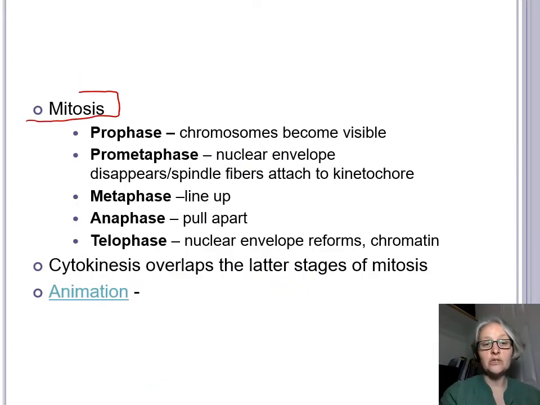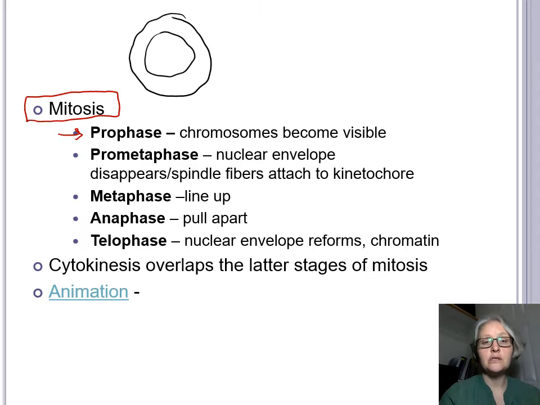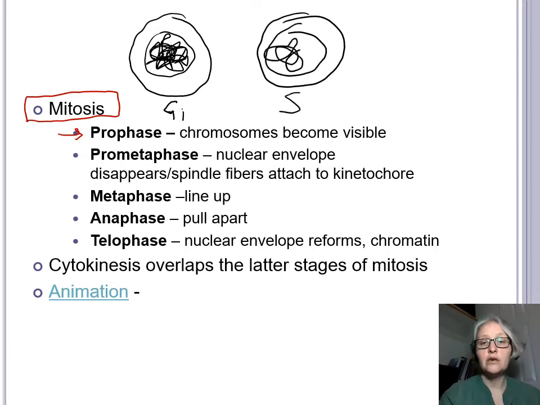In mitosis, when this nucleus is dividing, the first thing that happens in prophase is the chromosomes become visible. What's happened is during interphase, as you look at the cell, the DNA is all in chromatin form. So this is what the cell looks like in G1. When the cell gets to S phase, the chromatin's there, and then we duplicate it.